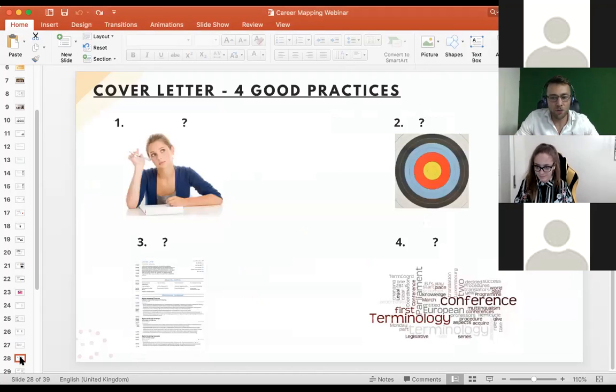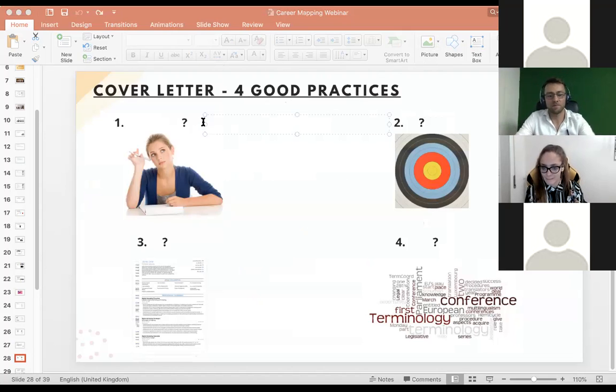4 good practices for a cover letter. You'll notice they're exactly the same as the CV, but do you remember them? Can you write them down? What was step 1? Let's see who remembers. What was practice number 1? Let's see someone writing. Reflect. Excellent. Thank you, Linda. So reflection. Reflect on your objective.